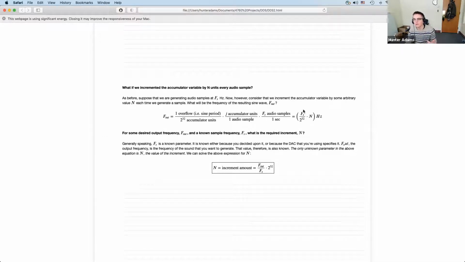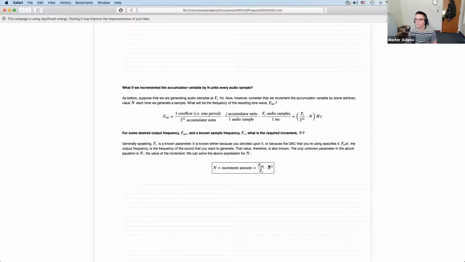So in the case of lab 1, you know this is 44 kilohertz because you made it 44 kilohertz. You know 2 to the 32 because you instantiated the accumulator variable as an int, or an unsigned int. So you know that you can hold 2 to the 32 units in the accumulator variable. So the only unknown in this expression is the increment value.